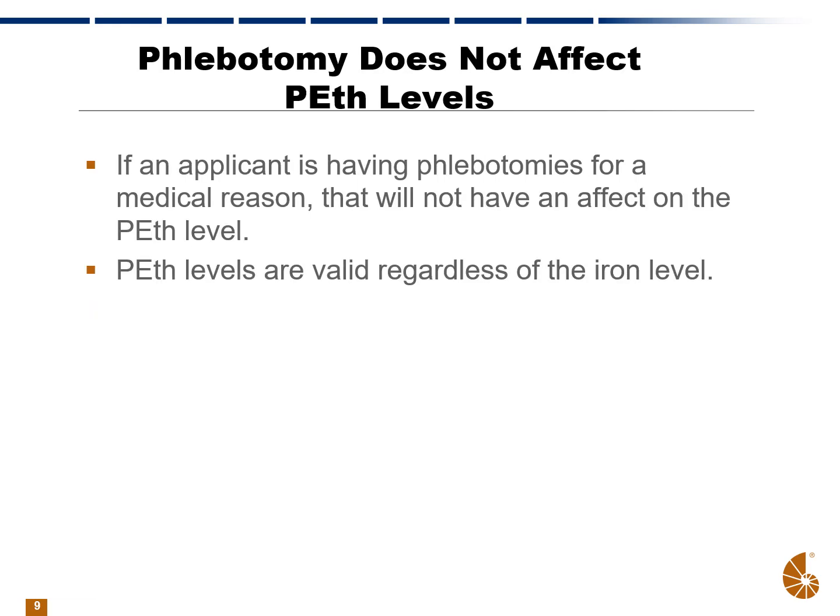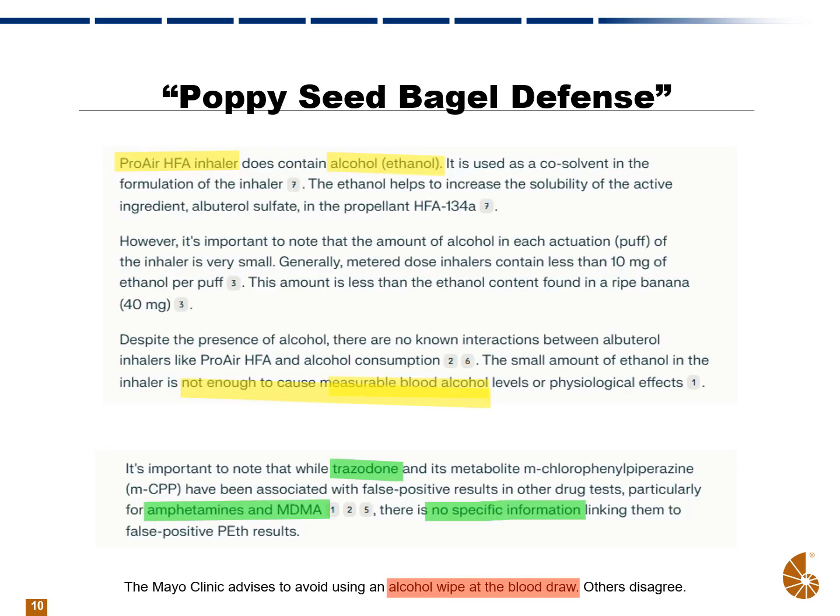If somebody has a phlebotomy for some other medical impairment, that really doesn't affect the PEth levels. So that shouldn't be necessarily taken into consideration when you're considering what the PEth level is on a particular applicant. And we don't have a poppy seed bagel defense like we do for opioids. There is some alcohol or ethanol in a ProAir HFA inhaler for asthma or some kind of lung disease, but it's a very small amount and not enough to cause a measurable amount of blood alcohol.